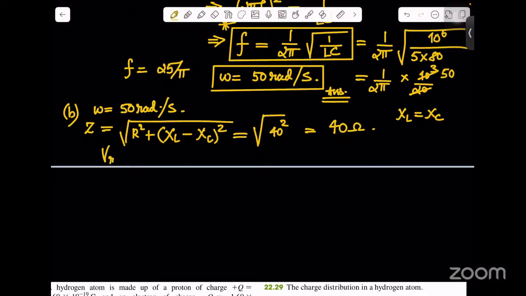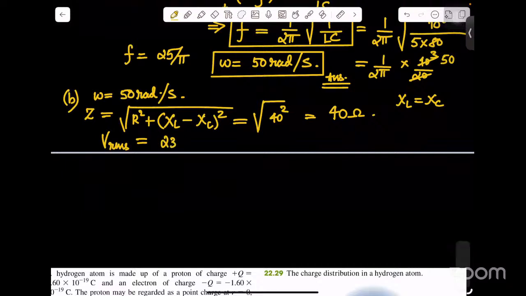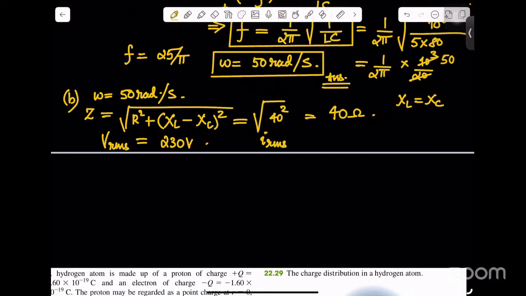And we have been given the RMS voltage as 230 volts. So we will find the RMS current first of all, which is V_RMS upon the net impedance.